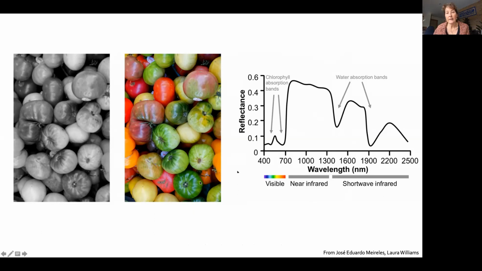And that's with our eyes that can capture those 3 bands. But when we go beyond the visible region and can capture hundreds of wavelengths of reflectance information, now we get all kinds of information that our eyes can't see but that turns out to be quite important for understanding plant function and phenotype.